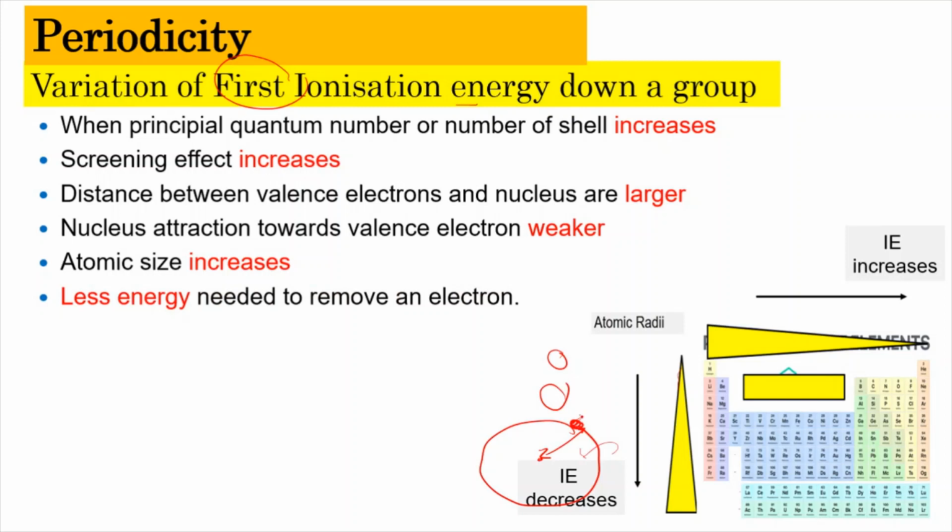So less energy is required to remove an electron. Okay? And thus, the ionization energy decreases down the group. And a smaller atom is more difficult to remove an electron from because it is closer. When there is a larger gap, it is easier because the attraction is weaker.